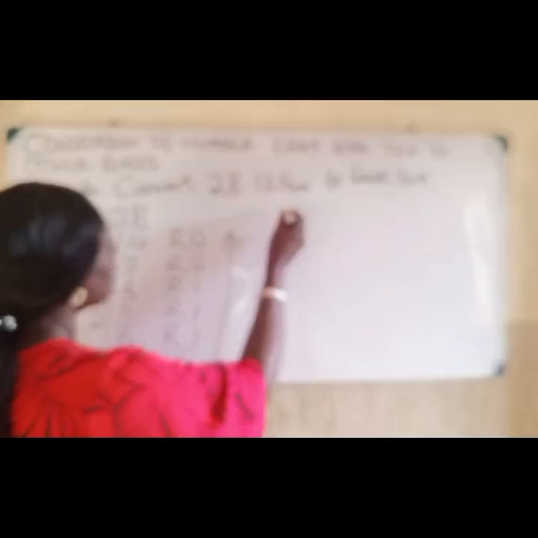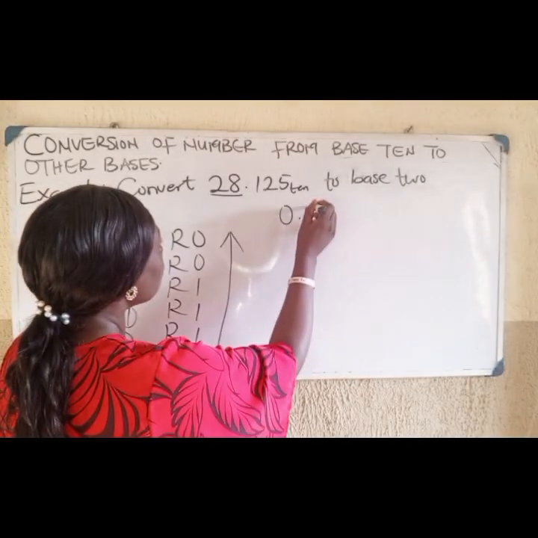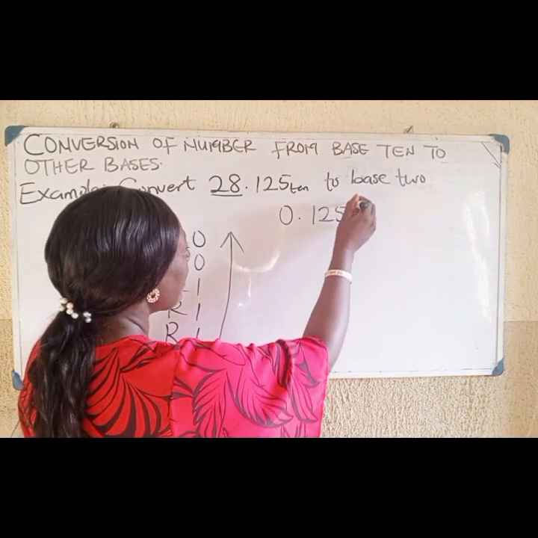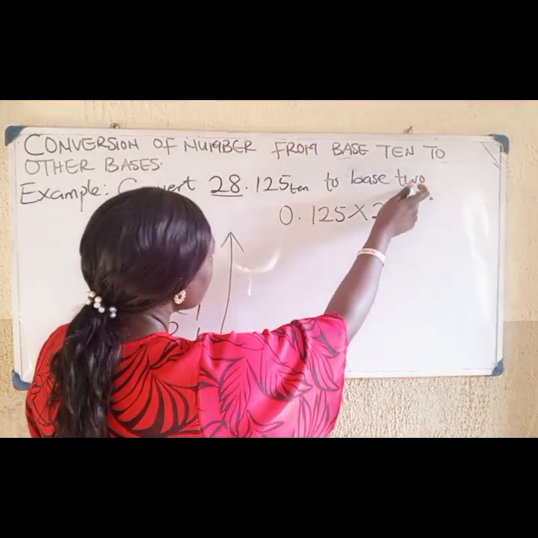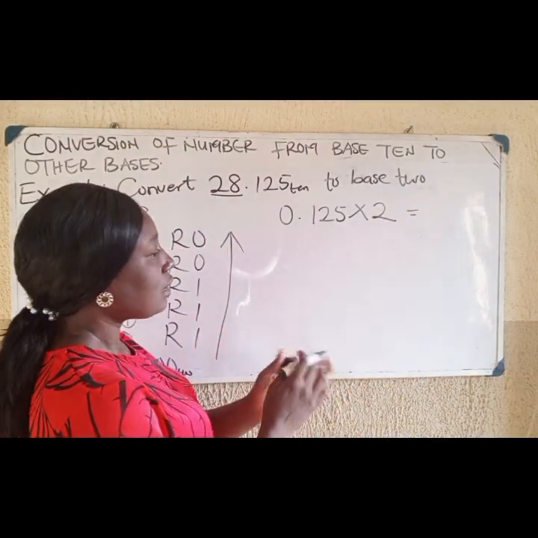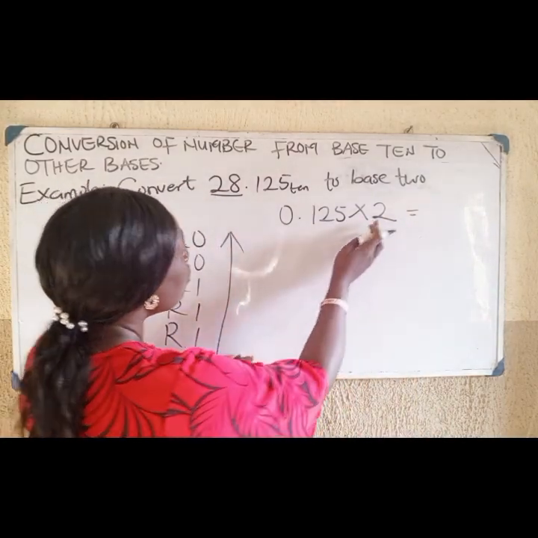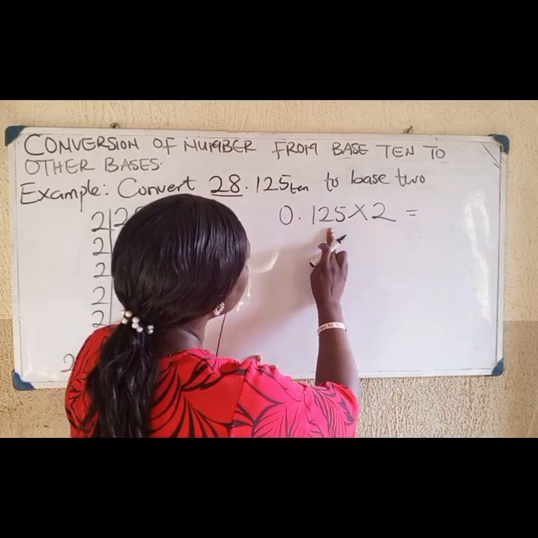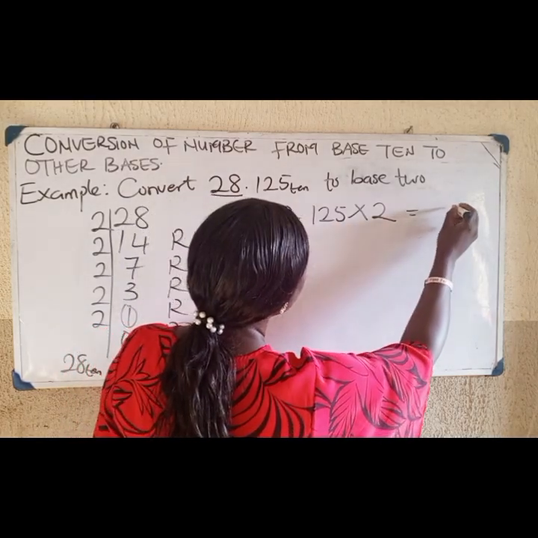Then the decimal part, I'll write 0.125. At this point, I'm going to multiply it by 2, which is the base. Once I multiply, I'll bring out the whole number part. So 2 times 0.125: 2 times 5 will give me 10.